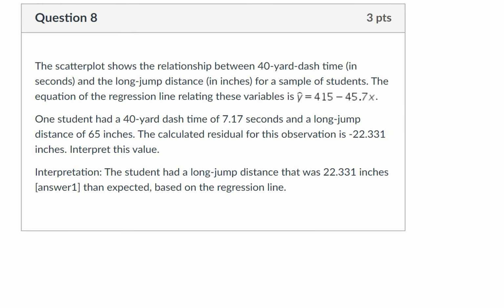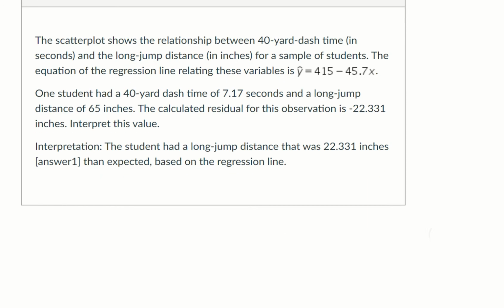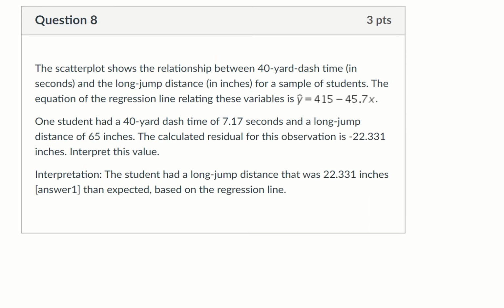All right, the scatter plot shows the relationship between the 40-yard dash time in seconds and the long jump distance for sample students. So this looks pretty similar to the equation that we did before. So one student had a 40-yard dash time of 7.17 seconds, and that right here, if they're saying one student had that time, is the actual data point, and a long jump distance of 65 inches.